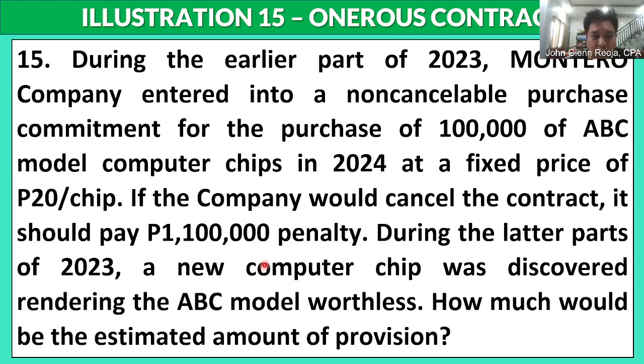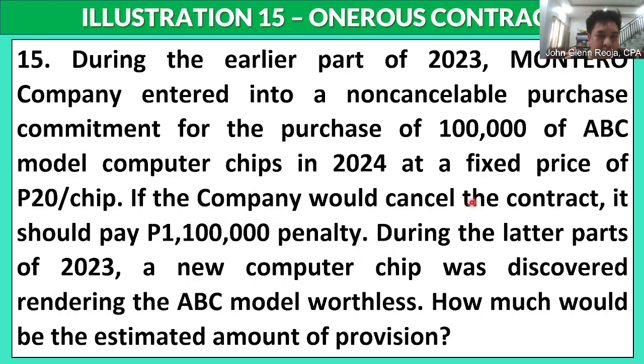That is almost 50% of what he would pay. Supposed to be, he will pay 2 million, but he will pay a penalty if he cancels the contract. So, this is material, a material compensation for penalties. If I were Montero, I would just buy instead of paying the penalty.